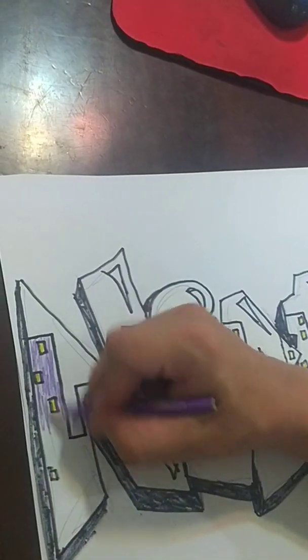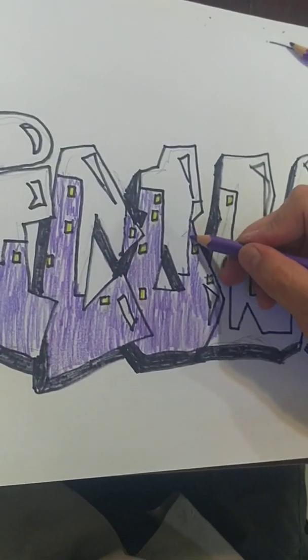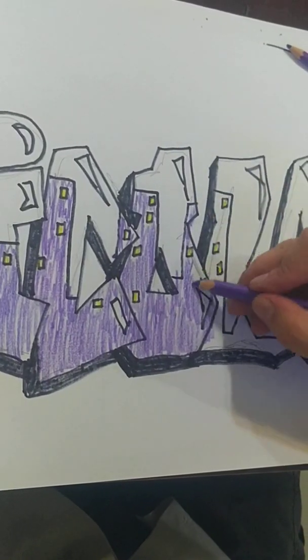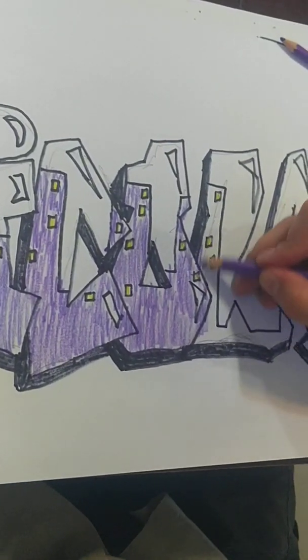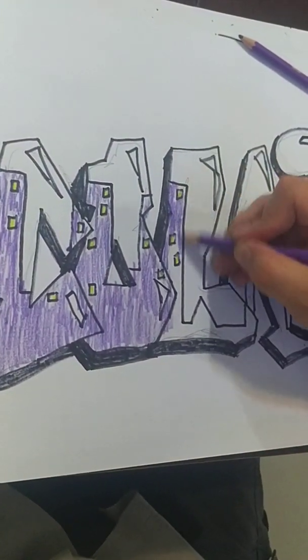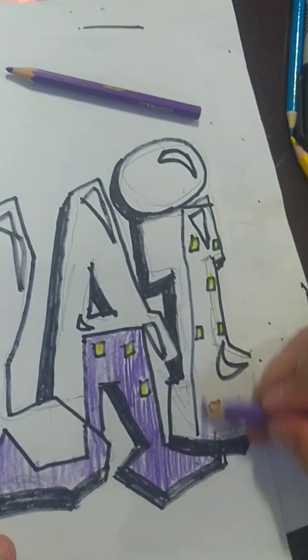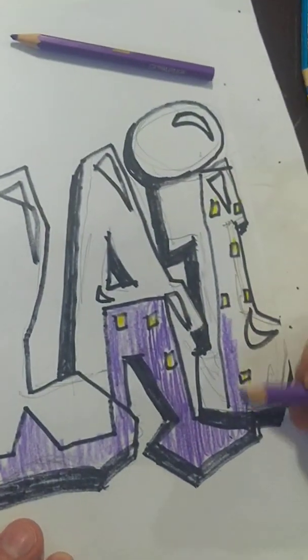Alright, I think I'm going to pause so you're not watching me colour. Alright, look at that. Through the magic of video, colouring in is progressing super fast. Okay, here we go.